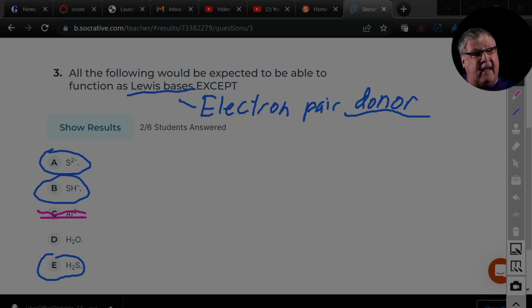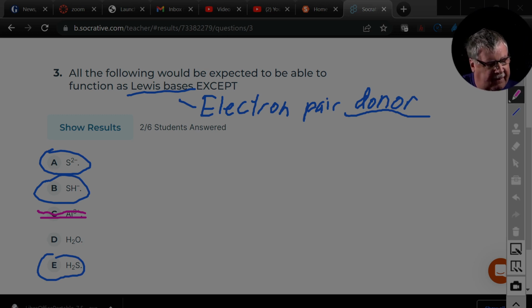Hydrogen sulfide is the conjugate acid. The hydrogen sulfide anion is the intermediate, and the sulfide anion is the farthest conjugate base. It's going to be most able to give up a pair of electrons because it's proton deficient. So your correct answer would be the sulfide ion.